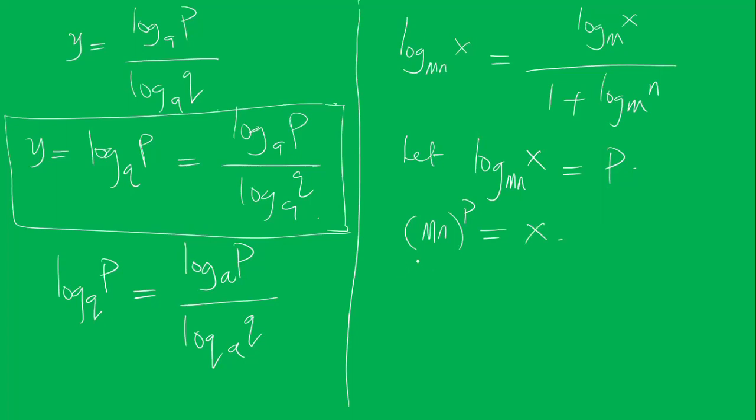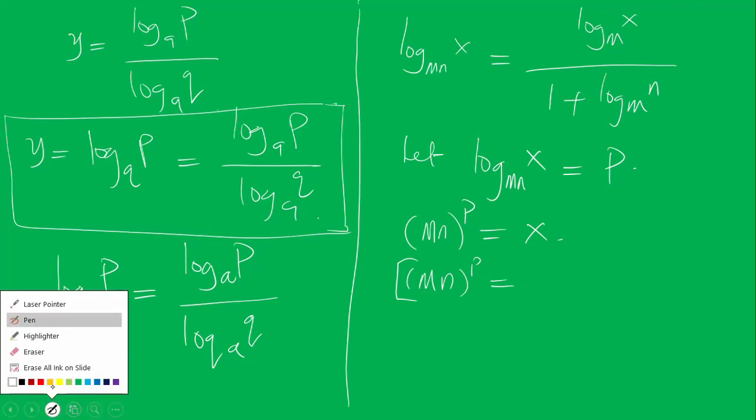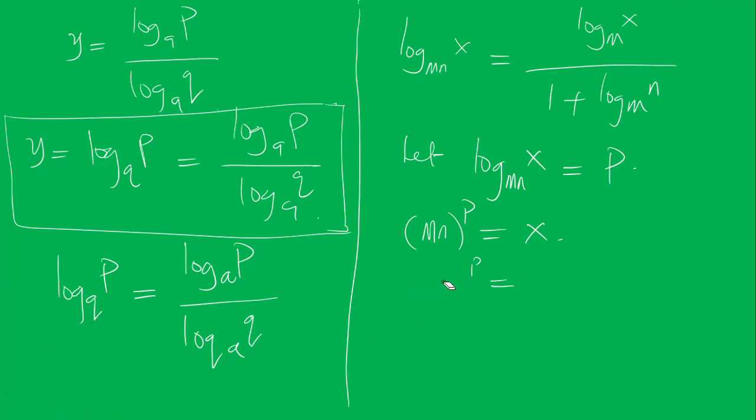Now, there is a law of indices where (mn) raised to power p is the same thing as, okay, let me use a different alphabet. Now, (ab) to the power, let's say n, is the same thing as a to power n times b to power n.